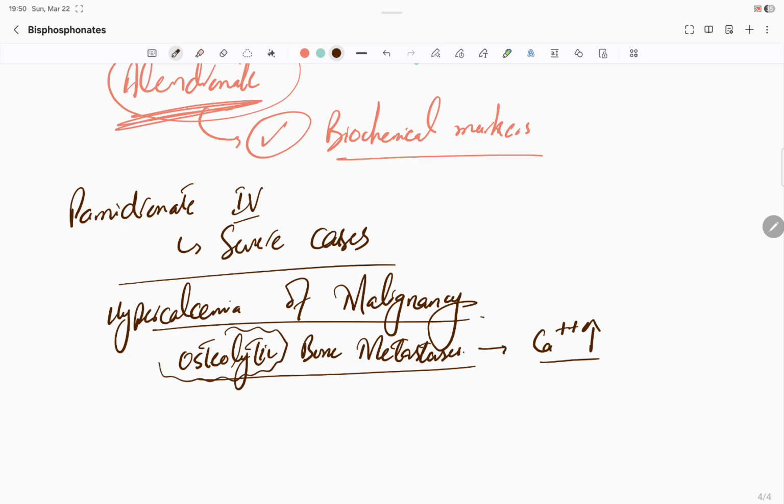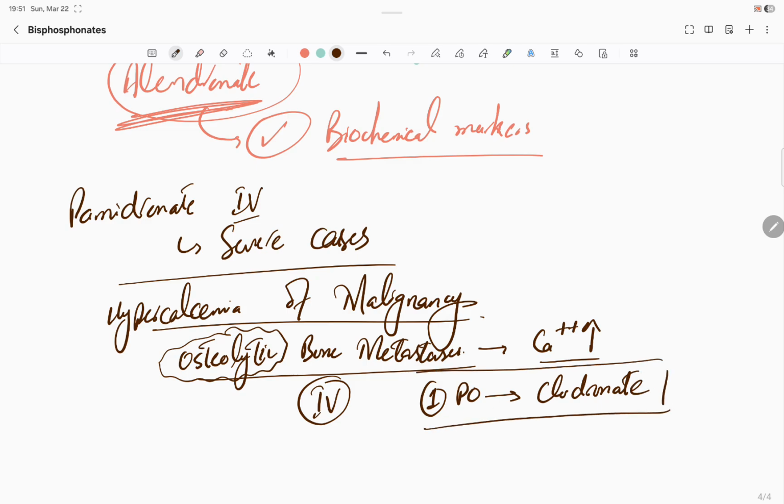Because osteolytic activity is going on, so calcium is going to be released into the bloodstream. So in such cases, IV formulations are used, that includes Pamidronate and Zoledronic acid. And there is just one per oral option, and that is Clodronate. So Clodronate is the only per oral option available to treat osteolytic bone metastasis or hypercalcemia of malignancy.